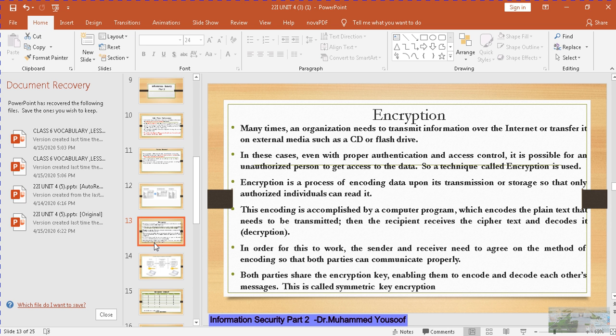So that's why it becomes very important to have a technique called encryption. Many times we transmit the information over the internet or transfer it like this. I told you just now. You enter your username and password from your computer. It is checked with the server of the bank which is located somewhere.